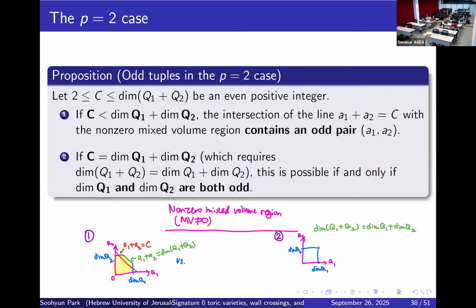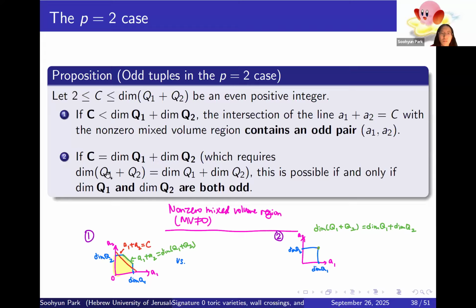And then the second case involves a more technical argument? The second case is literally that you don't have any other points in the intersection. It's not so much a more technical argument: in order to get this non-zero mixed volume thing, you need C to be less than or equal to this. Since you already assume C is less than or equal to this, these two have to be equal.